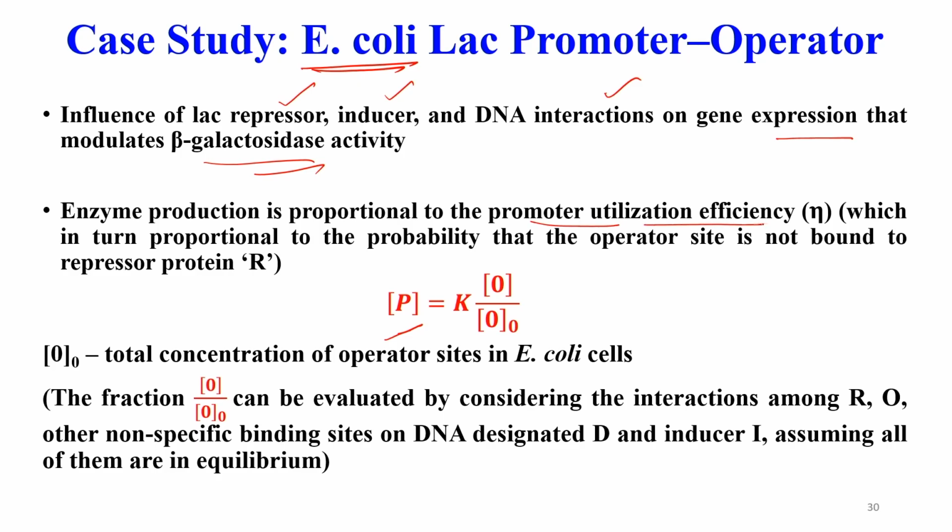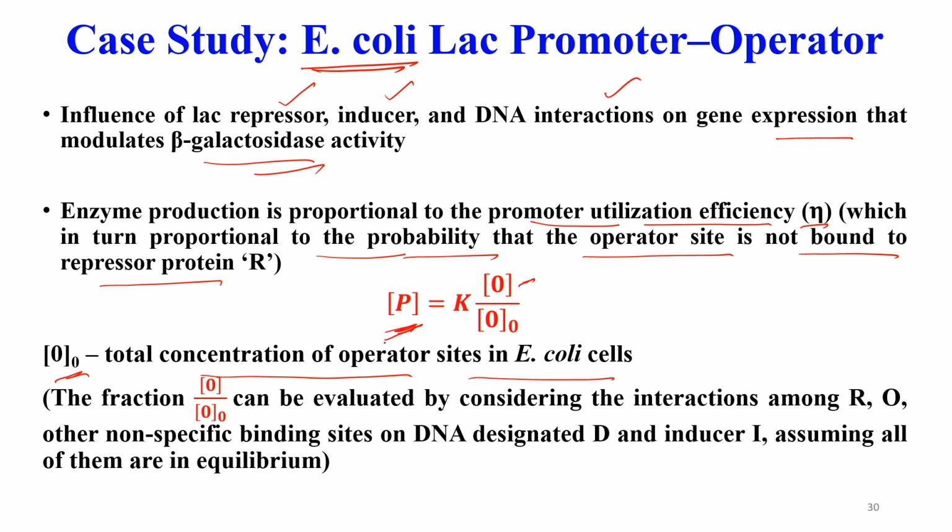So, what we are going to see here, we are going to write enzyme production is proportional to the promoter utilizing efficiency, which can be written as the probability that the operator site is not bound to the repressor protein. So, O naught is the total concentration of operator site and O is the available concentration of the operator site.